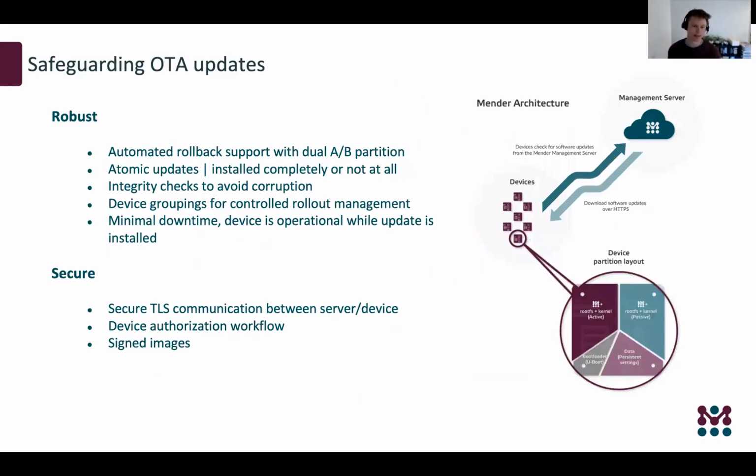Thank you. So just to cover a little bit on the robustness and security aspects, Benedict mentioned it a bit earlier, but we support a dual root file system or system updates. You can see it at the bottom right there. So there are actually two systems running on the device. There's one that's running and there's one that's not running, and we update the one that's not running.